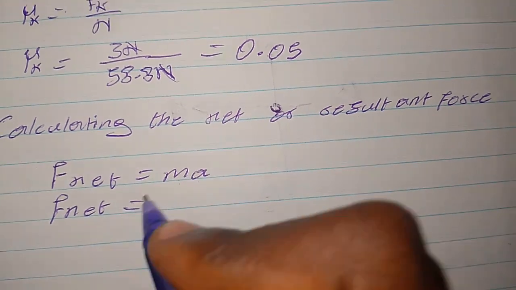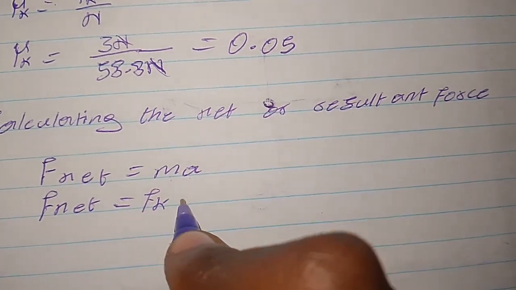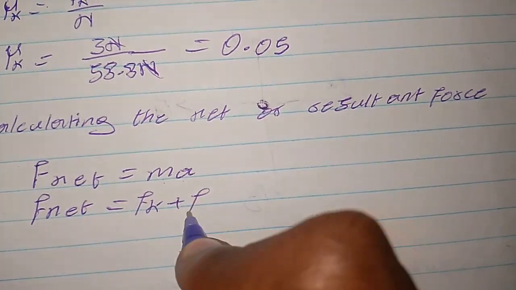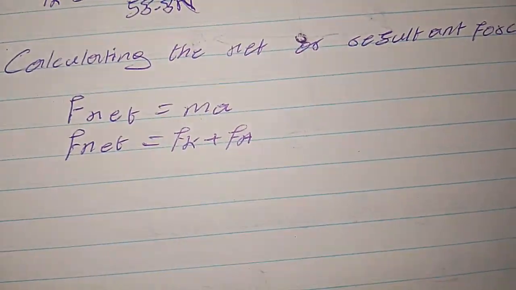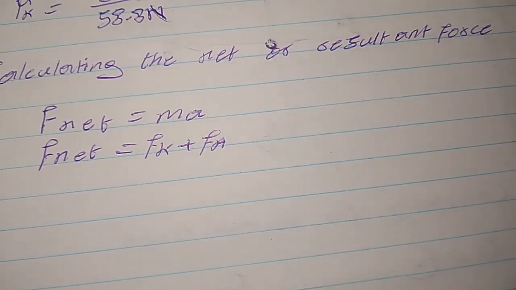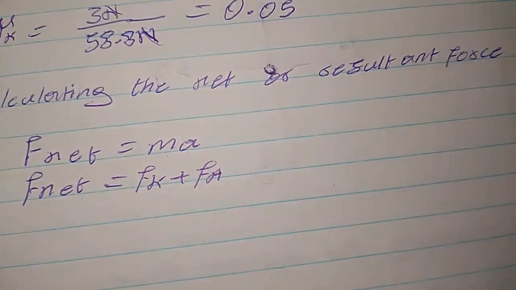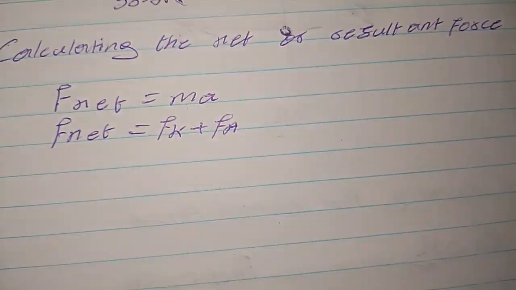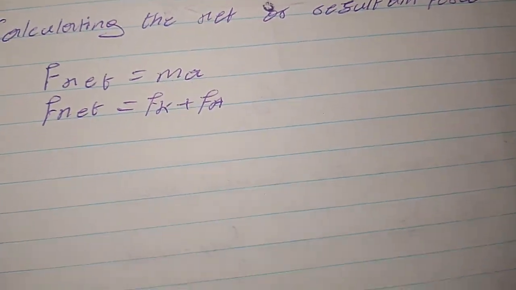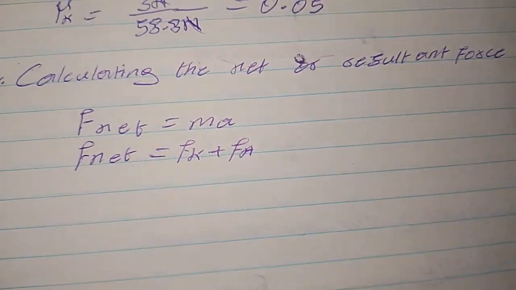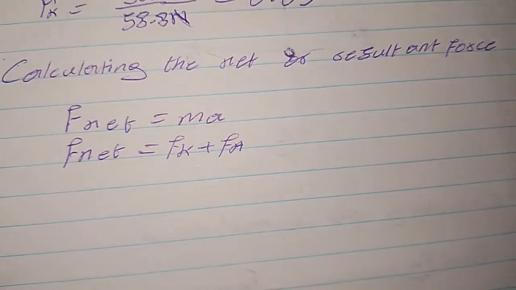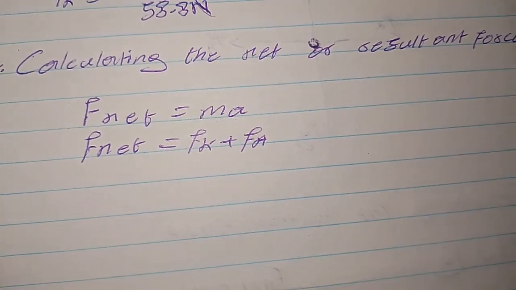So Fnet will be equal to Fk plus what? Plus Fa. What did we say? We said that we can take right as positive, left as negative. So if you take right as positive, you need to take left as negative. If you take right as negative, you need to take left as positive. So it doesn't matter.